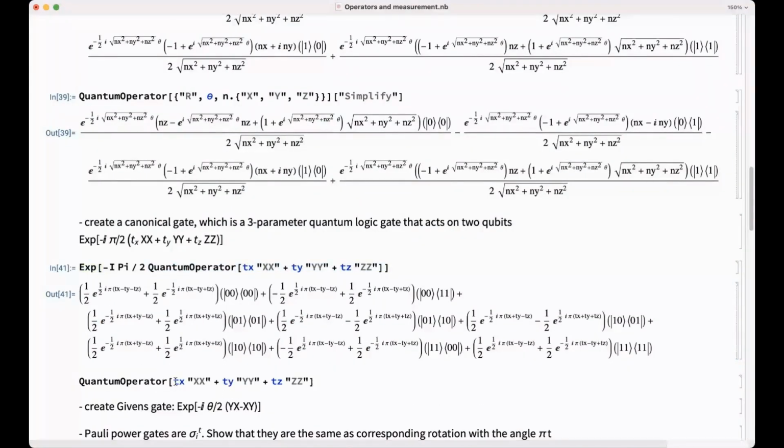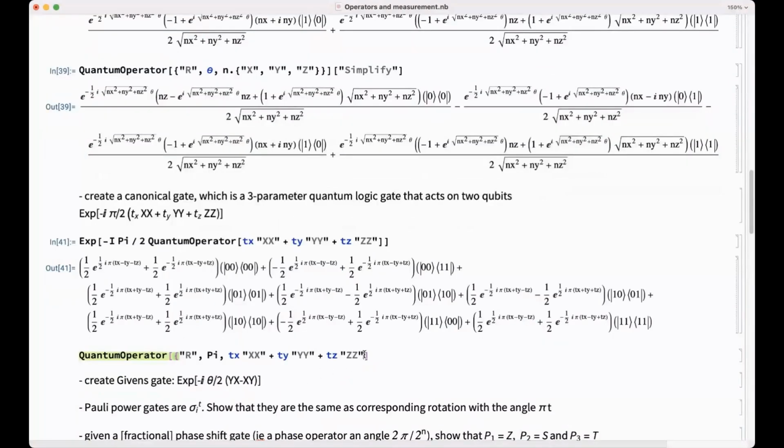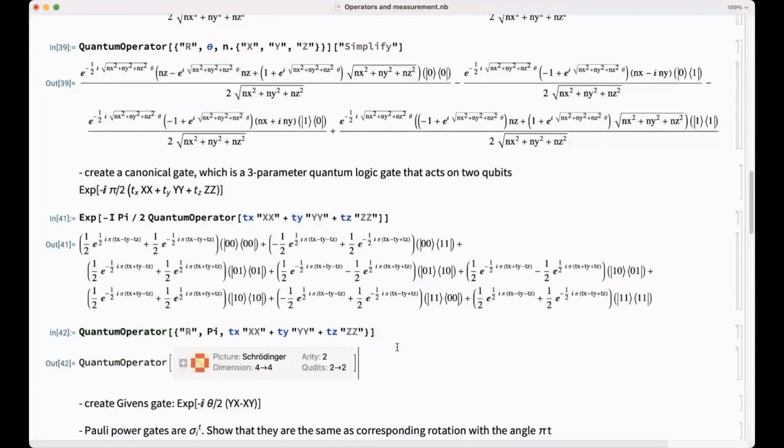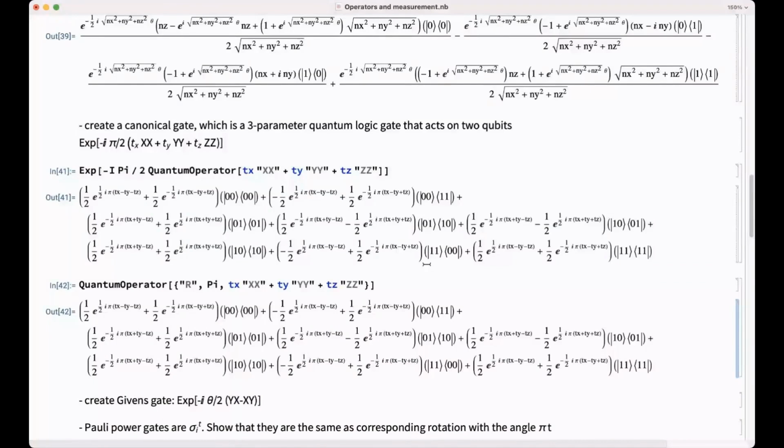Another approach: this is the family of rotation operators. The only thing you have to remember is that by definition the angle is pi, so the 1/2 is automatically included. That's the second, shorthand way of specifying the canonical gate. And by the way, one other comment: when we say XX, our framework automatically understands that it means Pauli X on the first qubit and Pauli X on the second qubit.